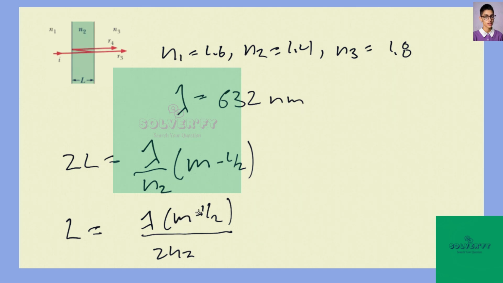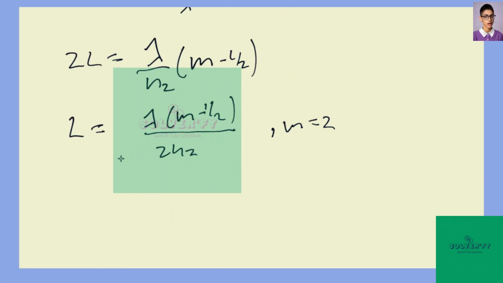So the next one is m equals 2, so we have to plug in m equals 2 here. And plugging in all the values up here, we get that L equals 339 nanometers.